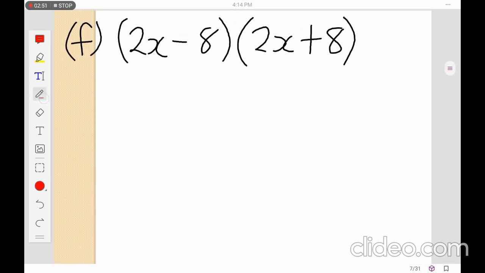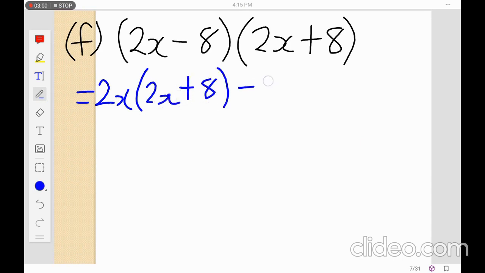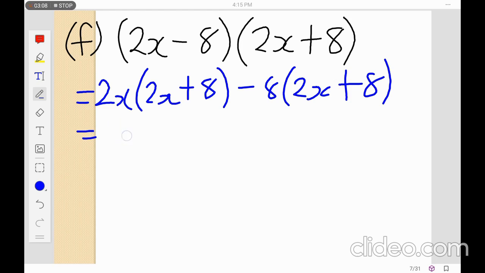Part F of the question, we expand again. I'll have 2x multiplying the second bracket, 2x plus 8, then minus 8 multiplying 2x plus 8. Let's simplify. For 2x times 2x, I get 4x squared. Then 2x times 8, we get plus 16x. Then minus 8 times 2x, I get minus 16x.